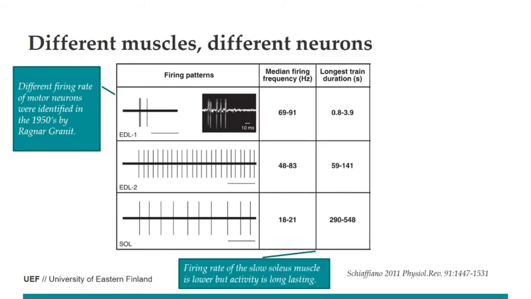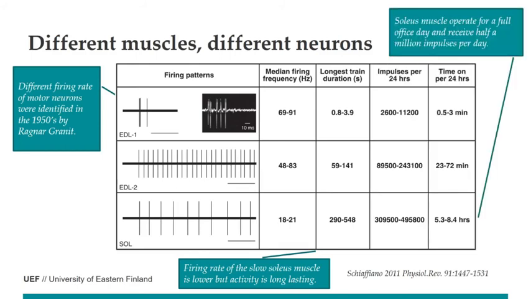So the firing rate in the soleus muscle is much lower, so maybe 10 or 20 times per second. But the duration of how long it will be stimulating can last for 200 seconds, so several minutes. But in this EDL muscle, it is 1 minute or even less, so even a few seconds.